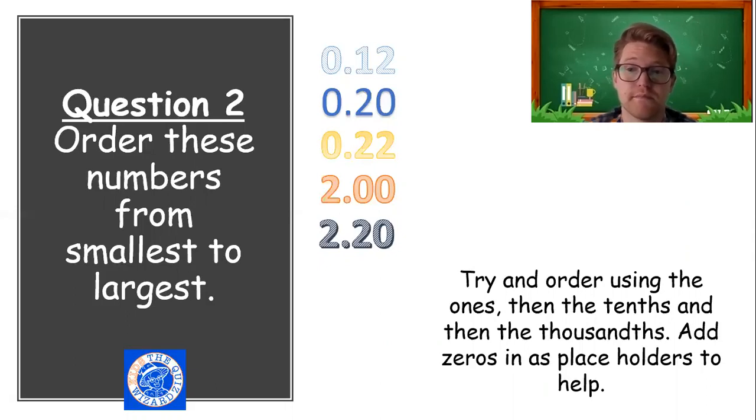Then 2.00 has more in the ones column than the zeros, and 2.00 has less in the tenths than 2.20. I realise I've just put a thousandths there. That should say hundredths. Thousandths would be the next column. Well done if you got that one. That's a tricky question.